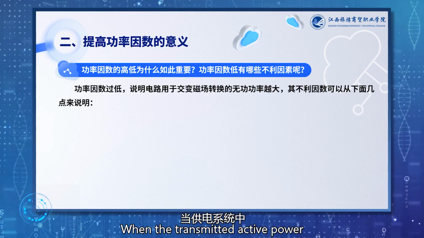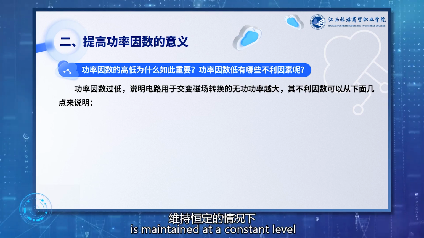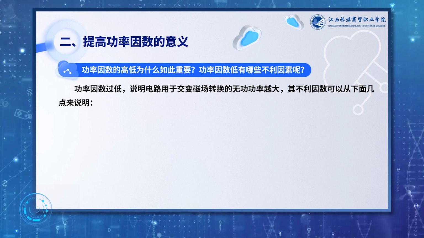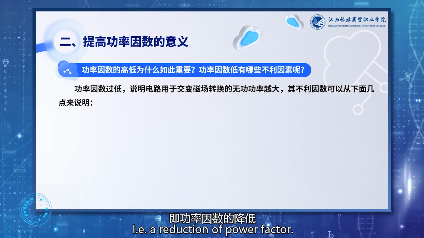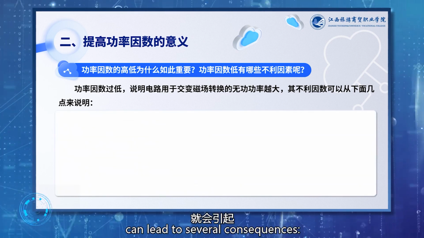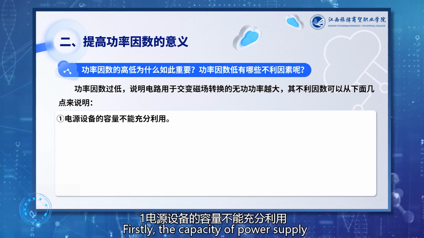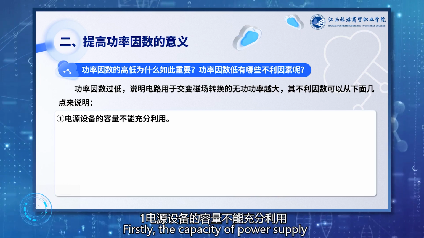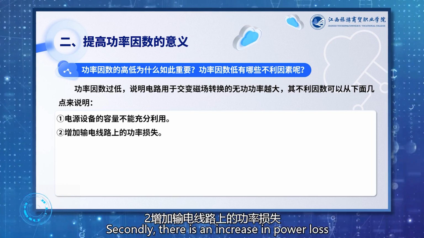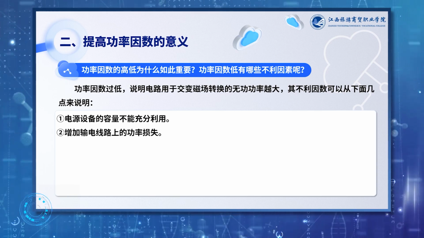When the transmitted active power in the power supply system is maintained at a constant level, an increase in reactive power, that is, reduction of power factor, can lead to several consequences. Firstly, the capacity of power supply equipment cannot be fully utilized. Secondly, there is an increase in power loss on the transmission lines.